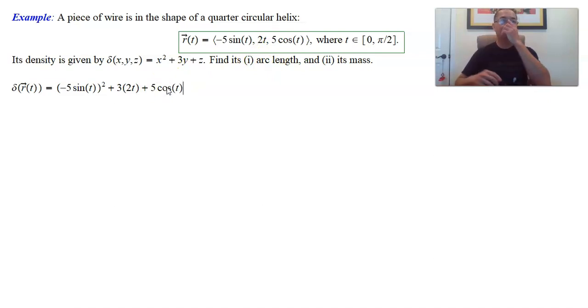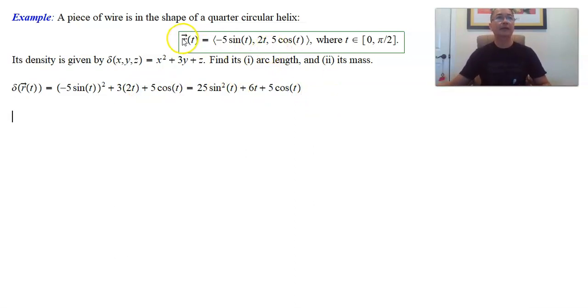Okay, there we go. So x, y, and z are now all gone. And what have we got? 25 sine squared of t, and then 6t, and then 5 cosine t. So that is part of our integrand.